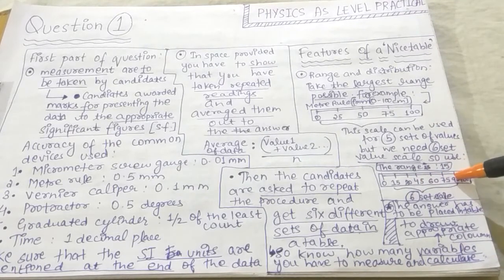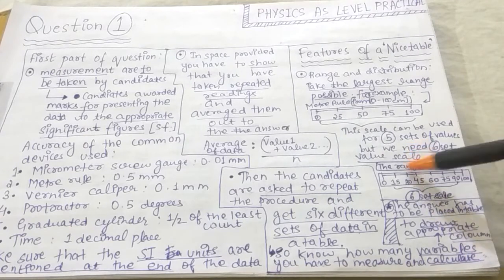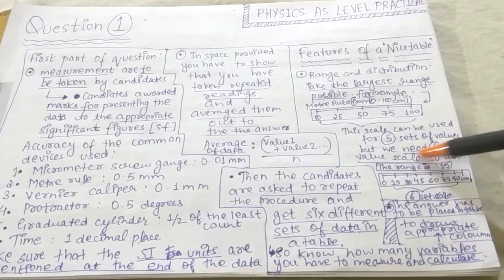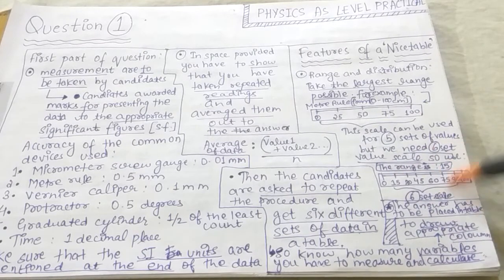Okay, and then it's covering the most values from 0 to 100. So it can be the largest range possible from 0 to 100 if we are considering a 6 set scale.